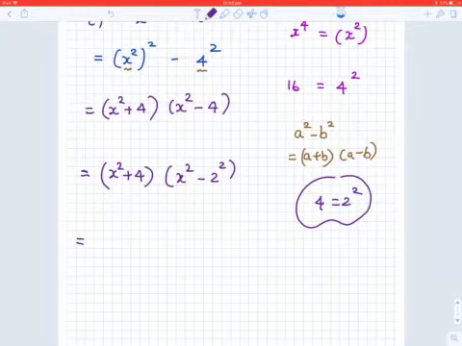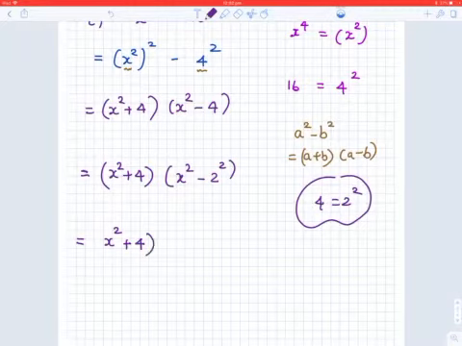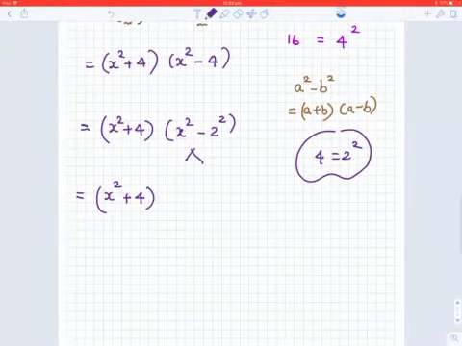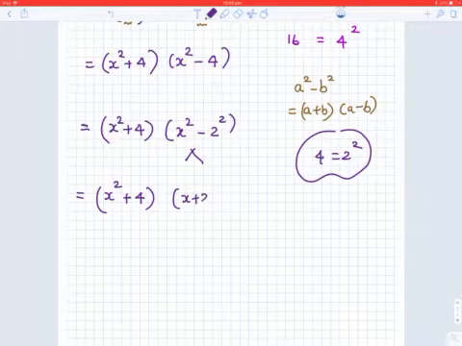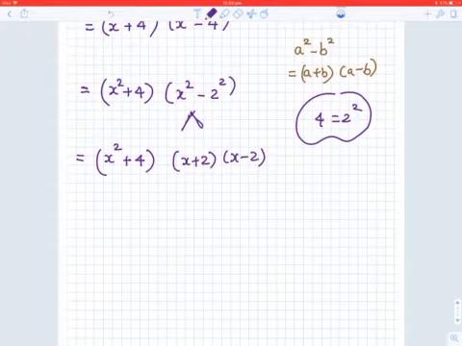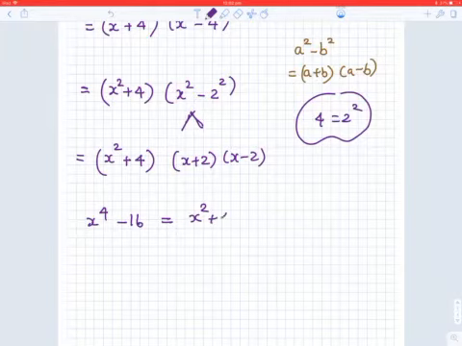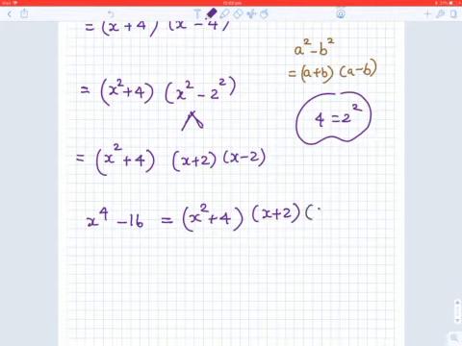Now we apply the same rule again. The question now becomes x square plus 4, and the other has two factors, which is x plus 2 times x minus 2. So this completes the question. So therefore x power 4 minus 16 equals x square plus 4 times x plus 2 times x minus 2.